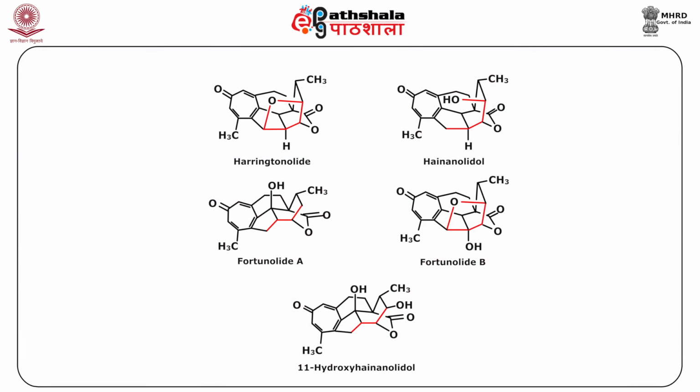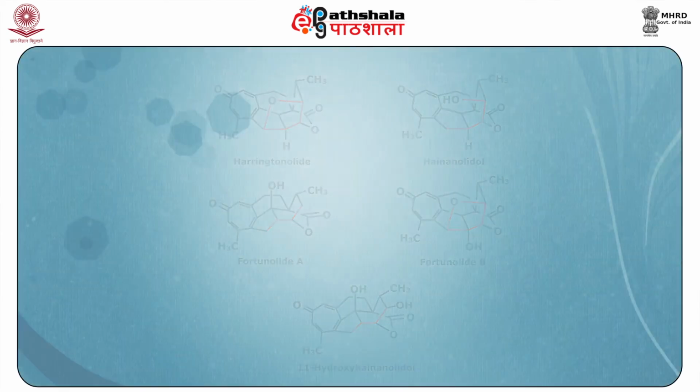Some diterpenoid tropones have been isolated and characterized thus far as harringtonolide, hainanolidol, and fortunolide A and fortunolide B. These have some complex structures, but you can easily identify the tropolone and tropone moiety in these natural compounds. And there is another one which is known as 11-hydroxy hainanolidol. All of these are naturally occurring compounds containing tropone or tropolone moieties.